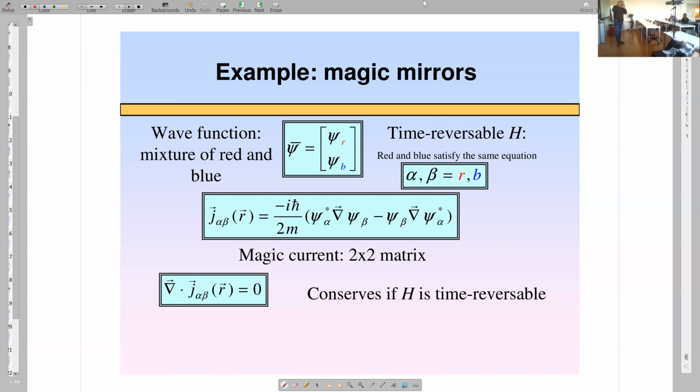And one can again put it into the Schrödinger equation and prove that, at least in the absence of any agents which break time reversibility, the current is conserved.